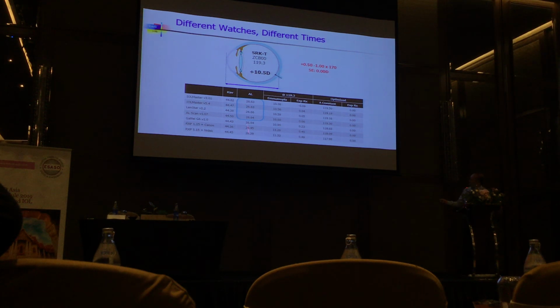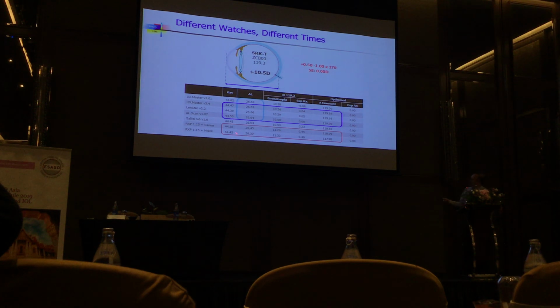If you look at IOLMaster and Lenstar, the K is a little bit different, but nonetheless, it is 119.2 to 119.3 A constant. So it's only 0.1 different. It's not going to make a big dent in your IOL power calculation.